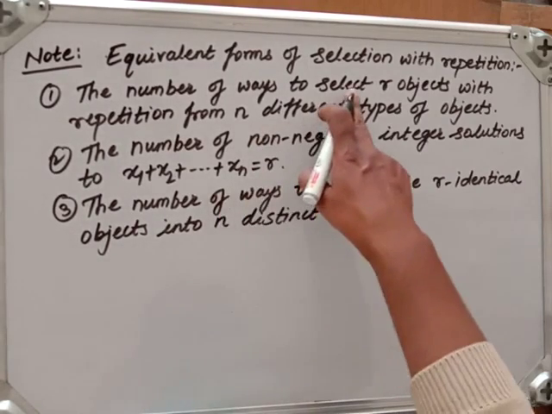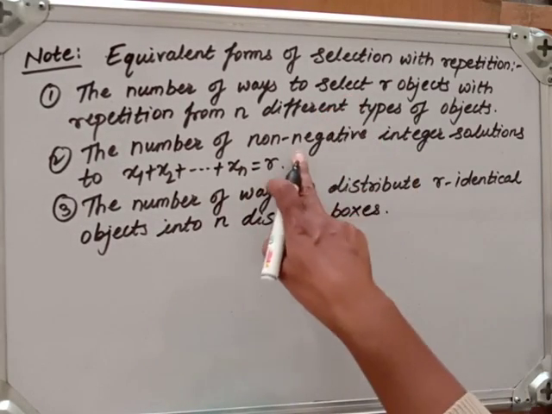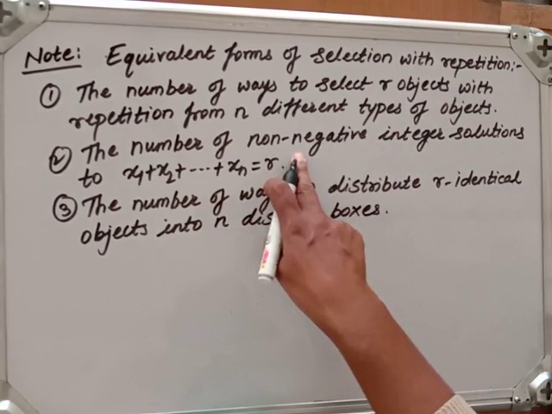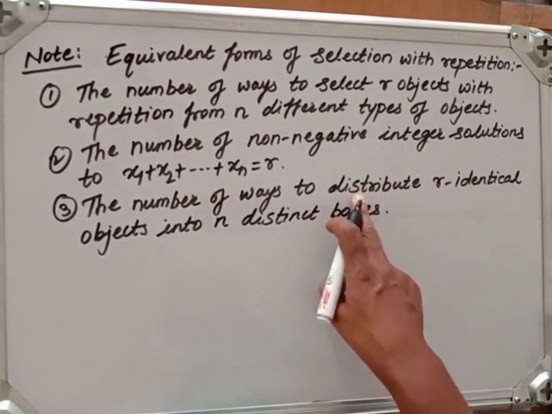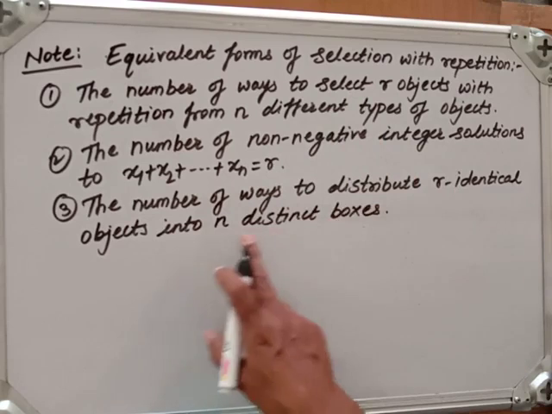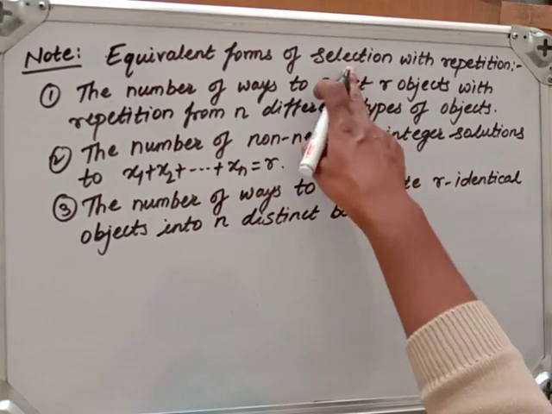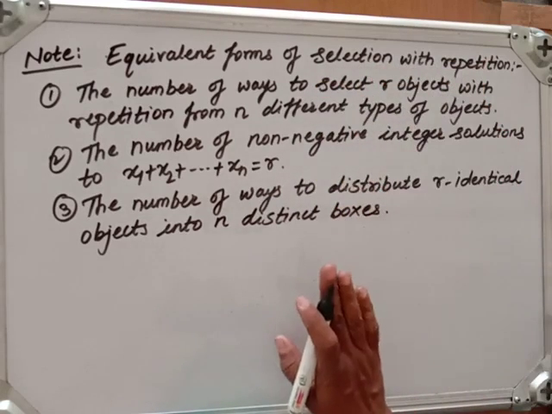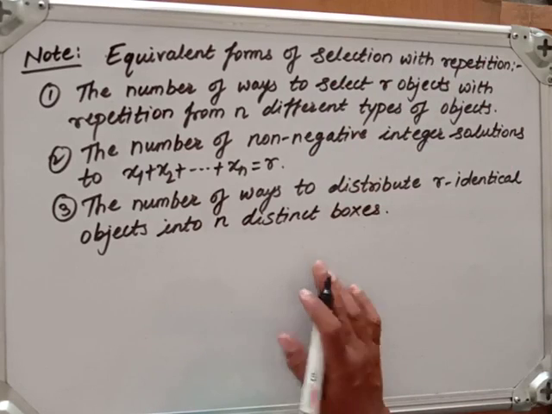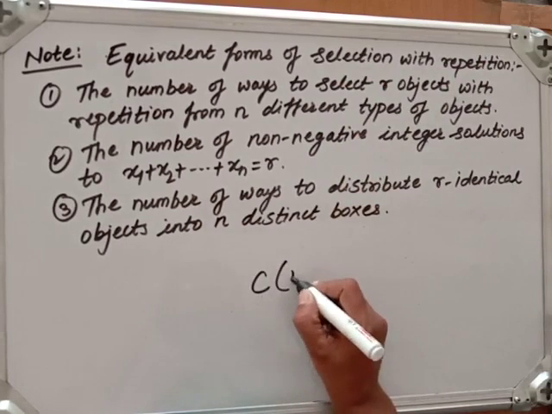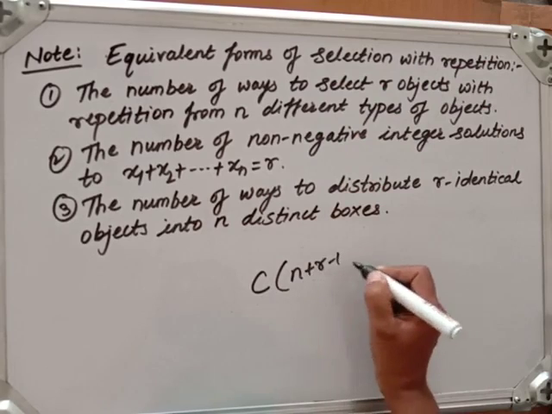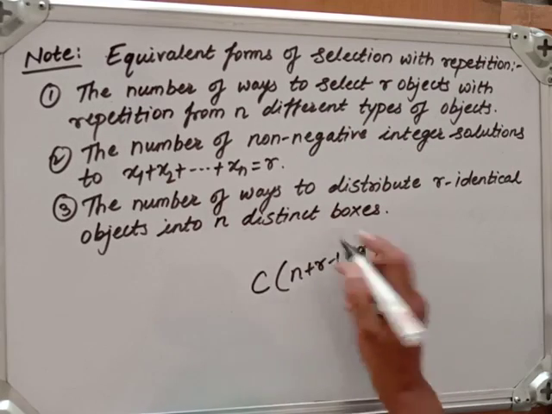So either selection of r objects, or finding the number of non-negative integer solutions, or distribution of r identical objects, these are equivalent to say the selection with repetition. So the same result of combination, C(n plus r minus 1, r), will be applicable to all these forms.